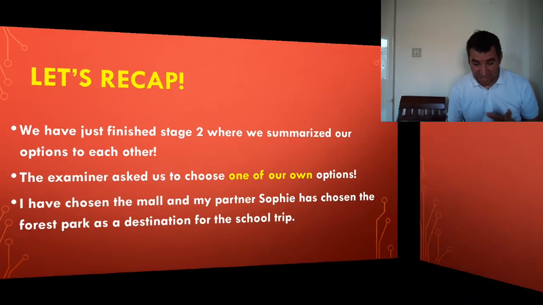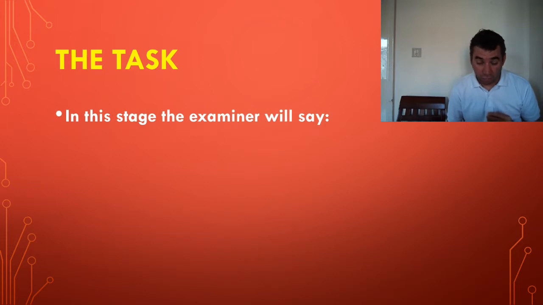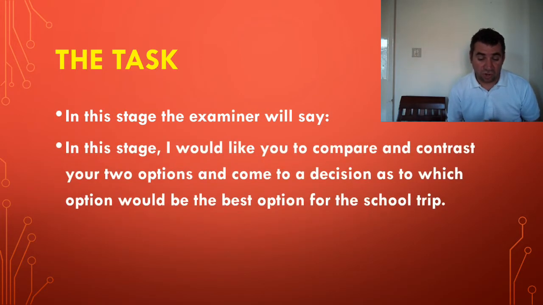So, the task here. The examiner will say to us at the beginning of part 3, in this stage, I would like you to compare and contrast your two options and come to a decision as to which option would be the best for the school trip.